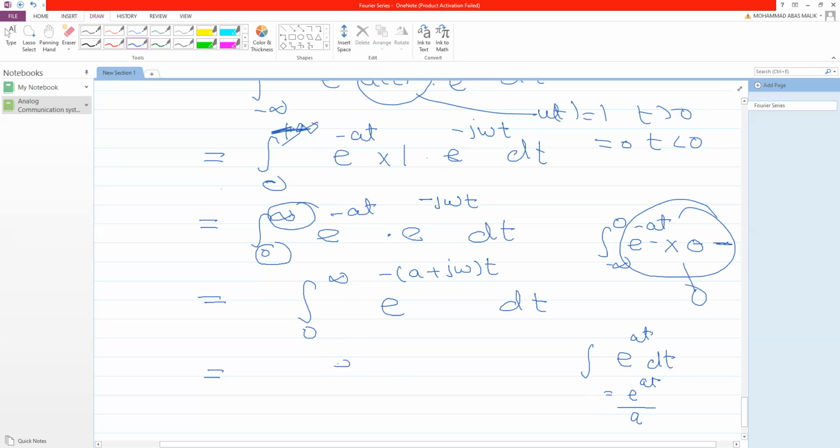So similarly here, you will get e raised to the power minus (a plus j omega) t divided by minus (a plus j omega), since the differentiation with respect to t of the exponent is minus (a plus j omega), and the dt cancels out. So this is the value.